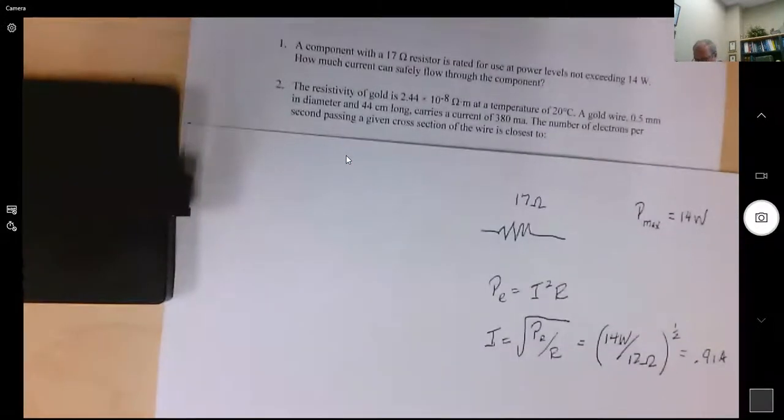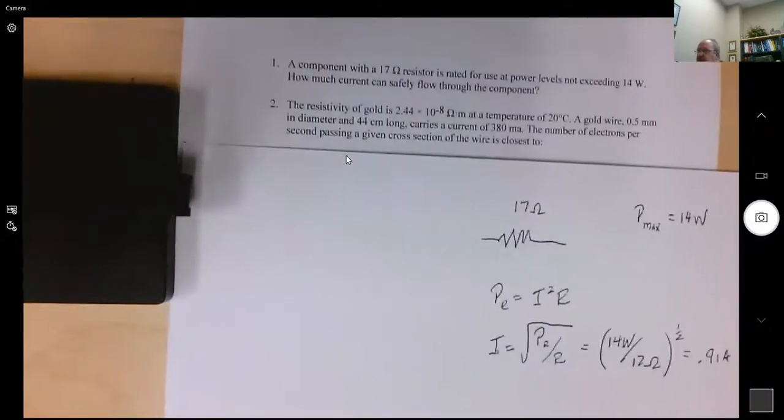The second problem, we have the resistivity of gold at a temperature of 20 degrees Celsius. We have a gold wire and it's 0.5 millimeters in diameter, and it is 44 centimeters long, and it carries a current of 380 milliamps.